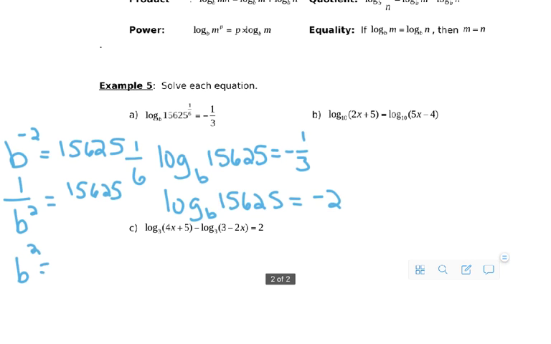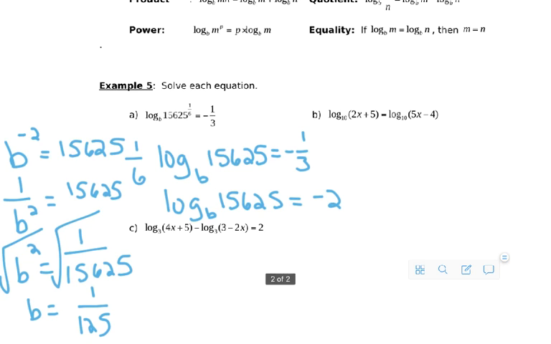So b squared must equal 1 over 15,625. And then I would square root both of these. And the nice thing about this problem is you just have to take the square root of the numerator, which is 1, and the square root of the denominator, which is 125.